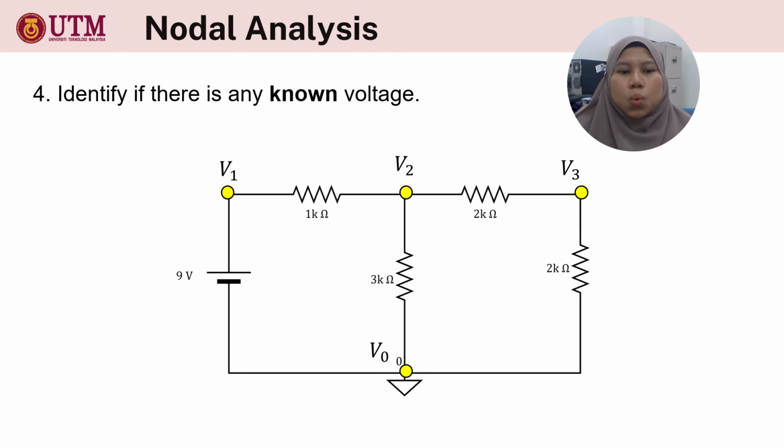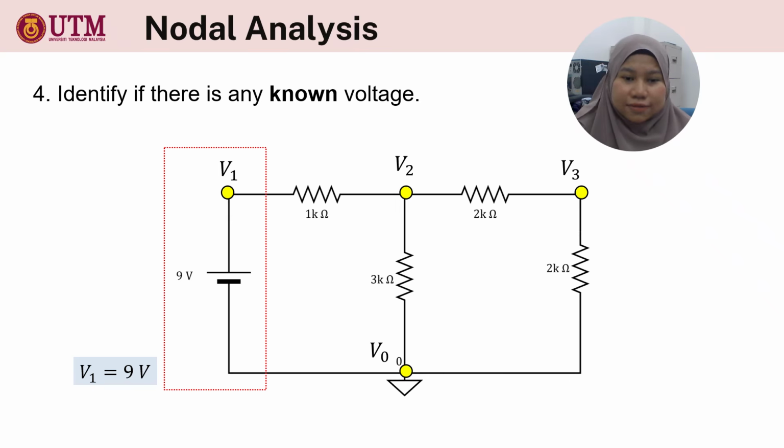Next, we can identify if there is any known voltage. The voltage that we already know, we don't need to calculate it. So for example, this node. We already know this node is equal to 9 volts because there is a voltage source here. Okay, a voltage source without any other elements.